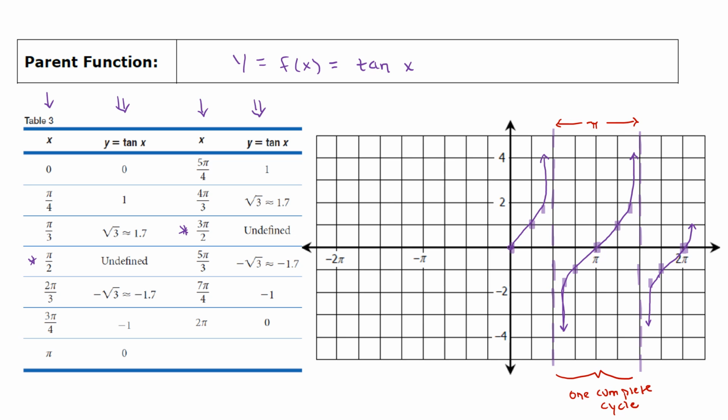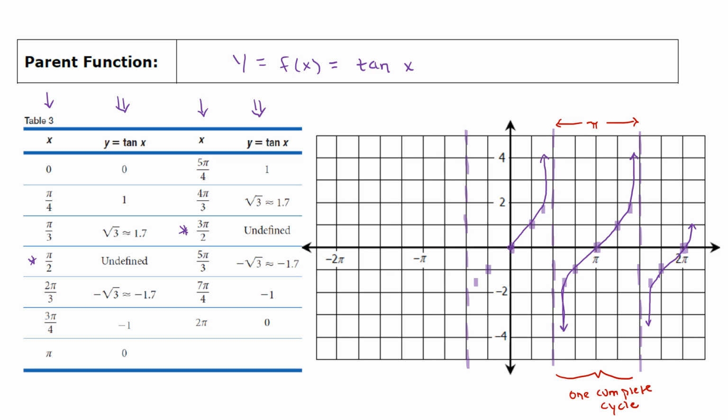So we have negative 1, negative 1.7, and then we have an asymptote. So it's approaching pi over 2, so it will be approaching negative pi over 2.